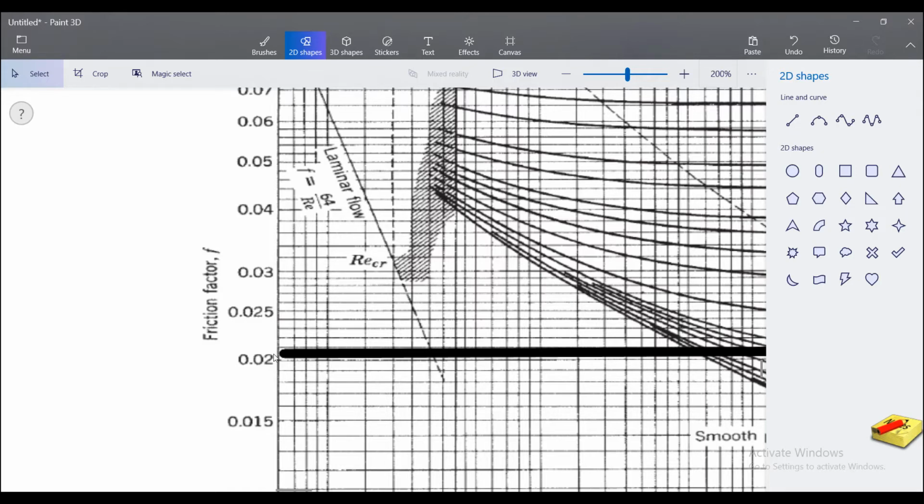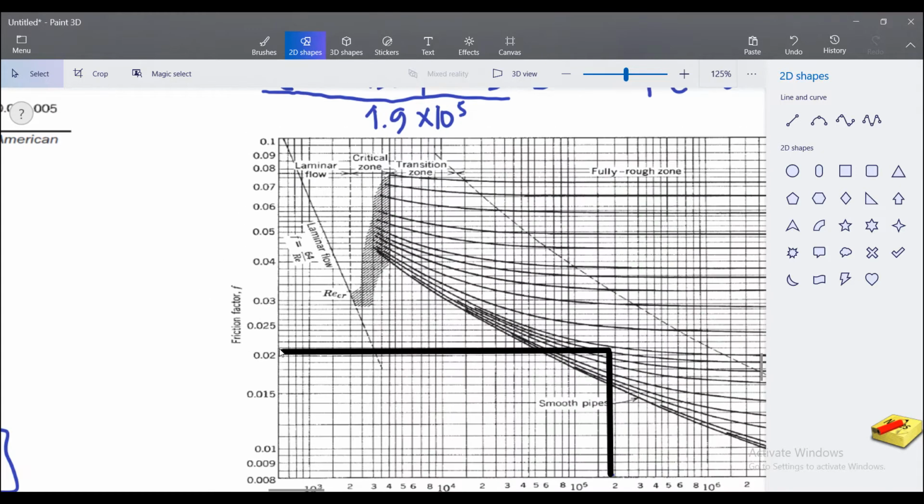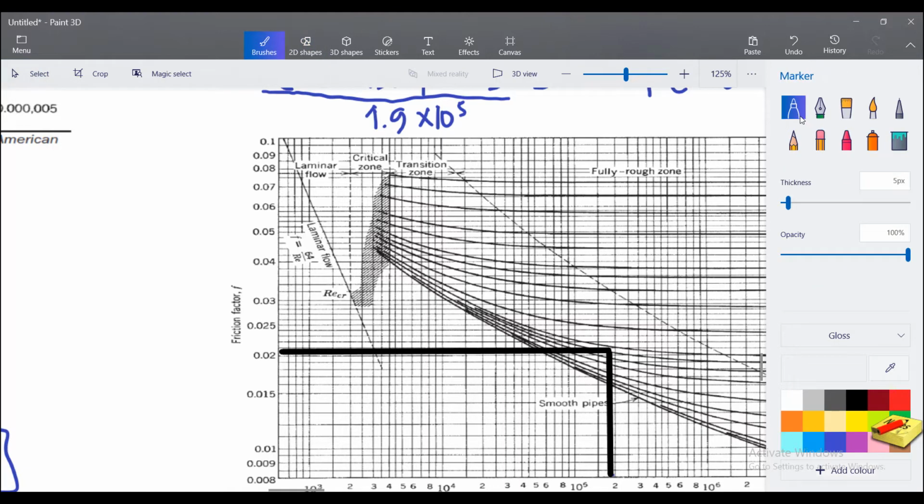That is somewhere 0. So this is 0.02. So this is 1. So that will be pwede na rin siguro.